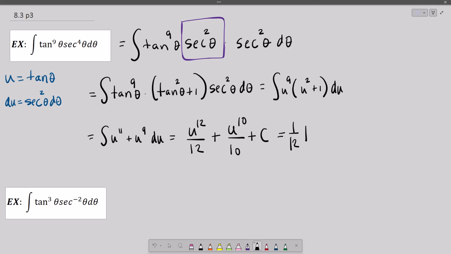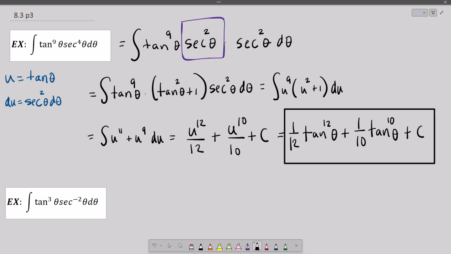So we have 1/12 tangent to the 12th of theta, plus 1/10 tangent to the 10th of theta, plus c. Any steps there that seem mysterious?